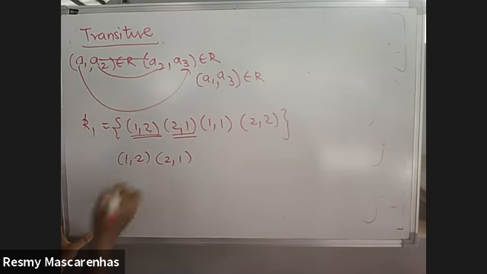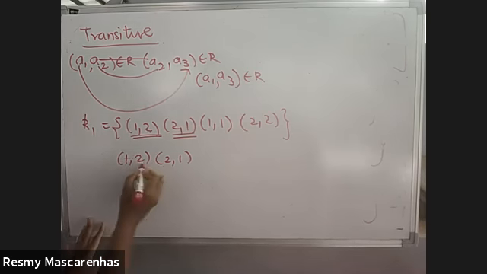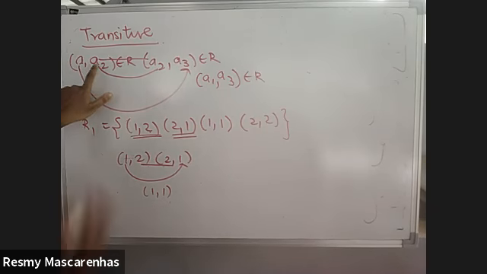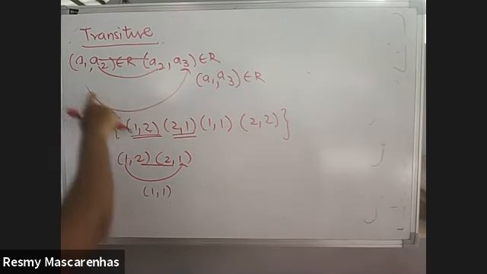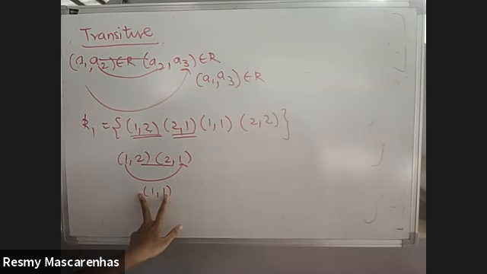It is in the form of A1, A2, A2, A3. Now check this and this are matching. Now this will make 1 comma 1. If these two are matching, then make a pair with the first and the third one. So what is it? 1 comma 1. Check whether 1 comma 1 is there. Yes, it is there.